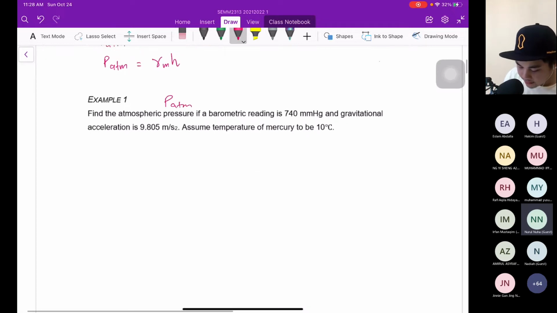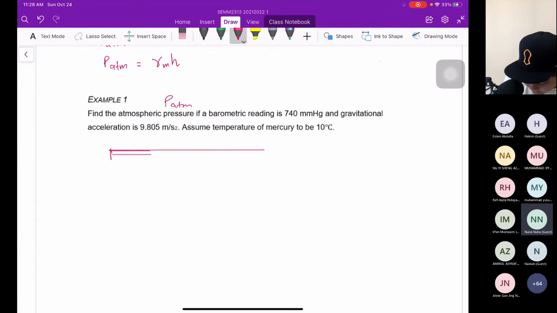If a barometer reading is 740 mm Hg, this is the height, and Hg refers to the type of liquid, which is mercury. Gravitational acceleration is given. Assume the temperature of mercury to be 10 degrees Celsius. What do you think of the PATM?